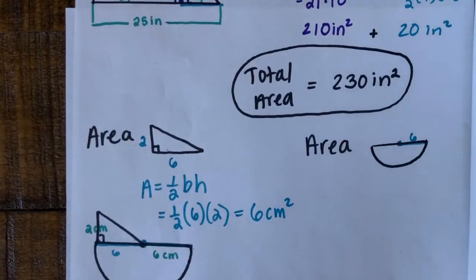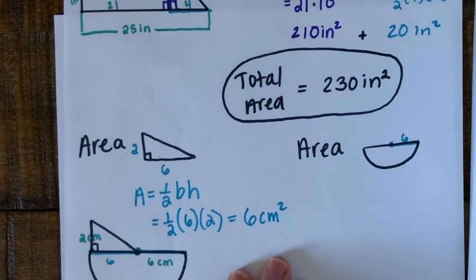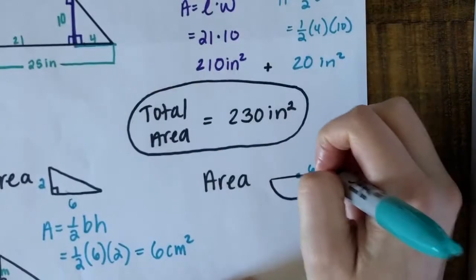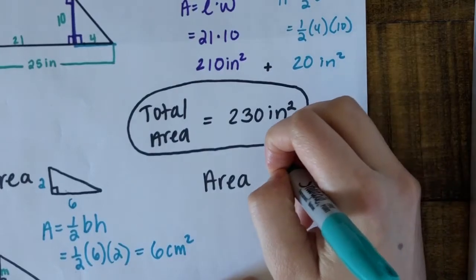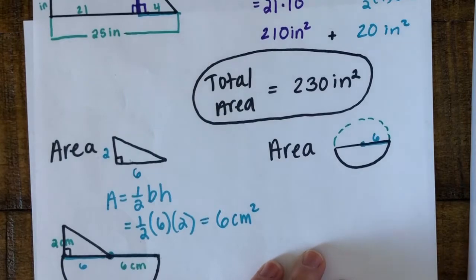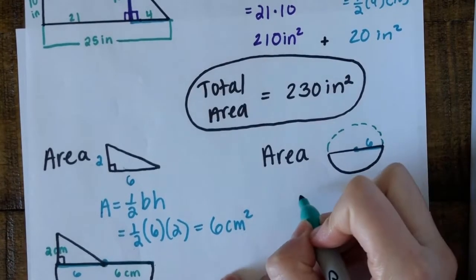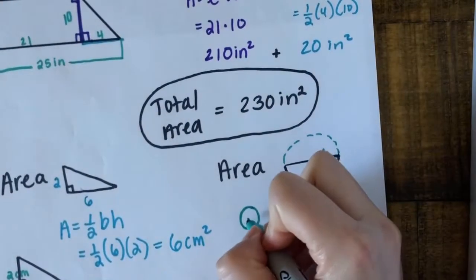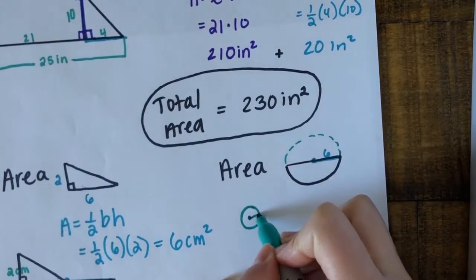Then I'll go over and find the area of my semicircle. To find the area of a semicircle, that's half of a circle. So I need to find the area of the whole thing and then divide it by 2. Here's how I show this. For my whole circle, there's my center, my radius.